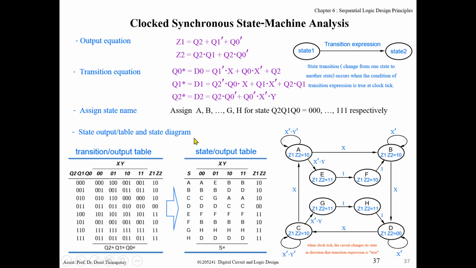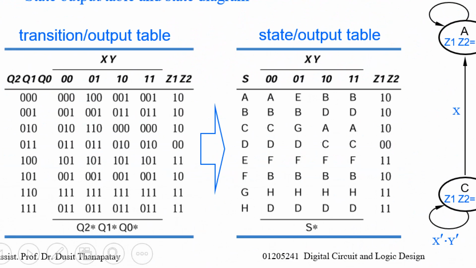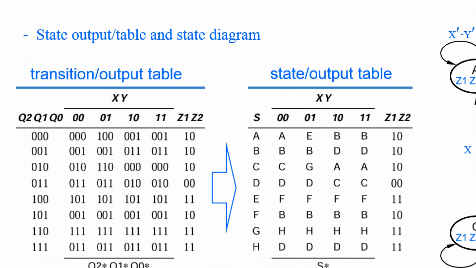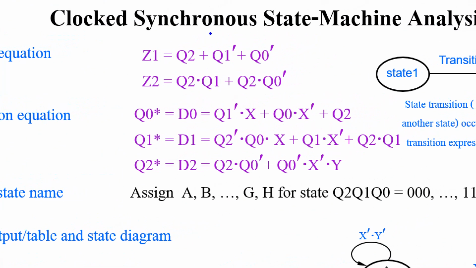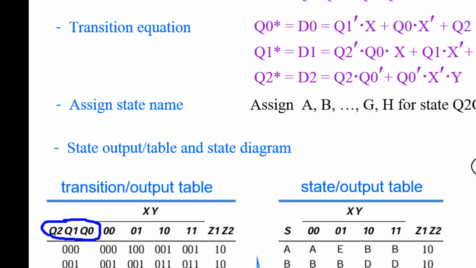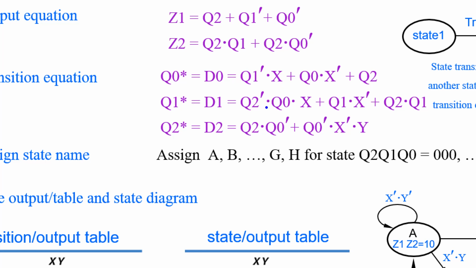Because there are 8 states of Q2, Q1, Q0, for 000, 001, 010, 011 until 111, when you apply the values of Q2, Q1, Q0, for example 000, into these equations, you will know the values of Q0 star, Q1 star, Q2 star.